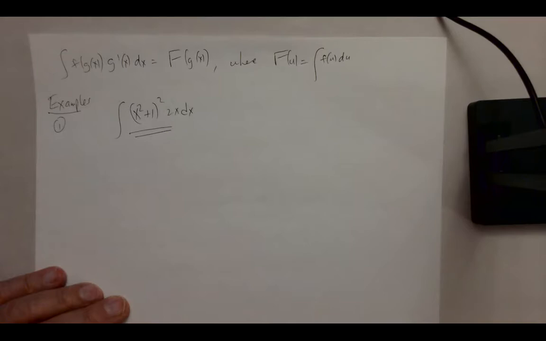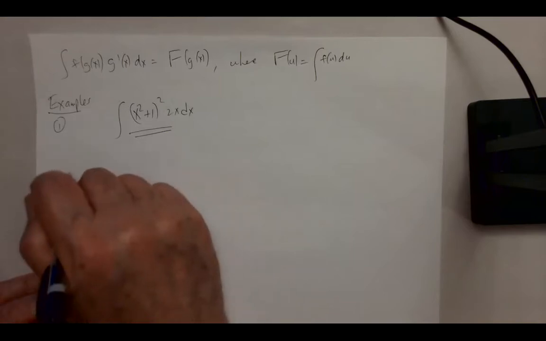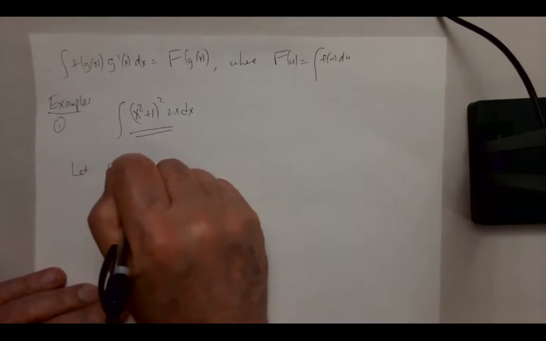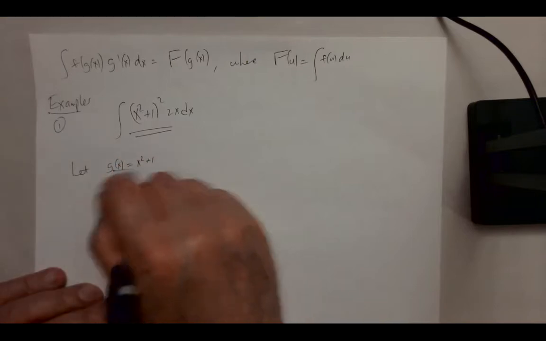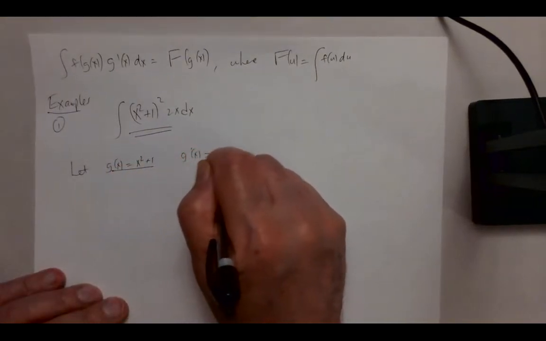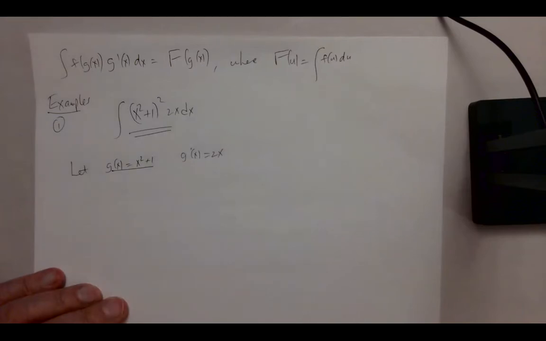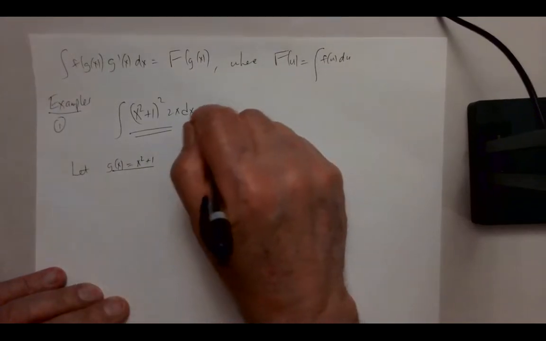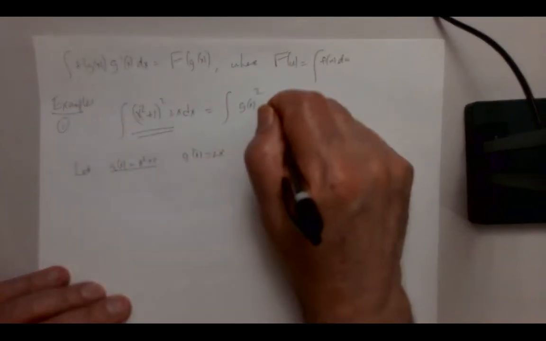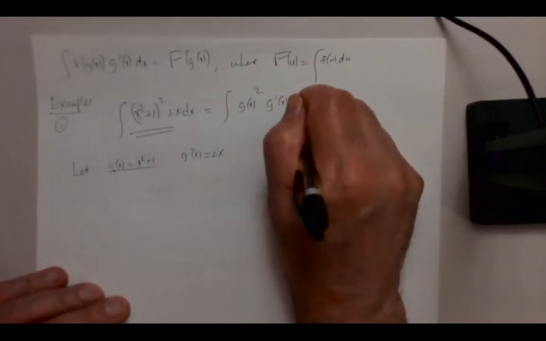If we let g of x equal x squared plus 1, g prime of x would be 2x. So this looks like the integral of g of x squared, g prime of x dx.